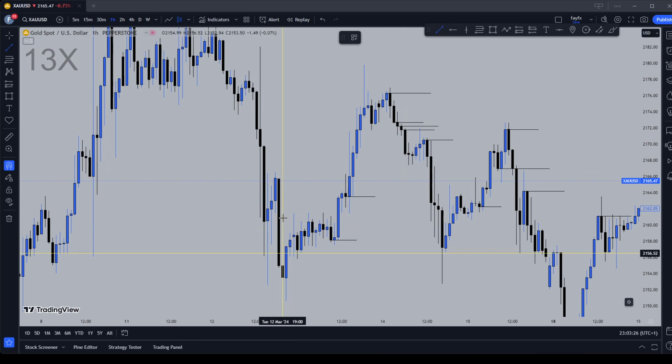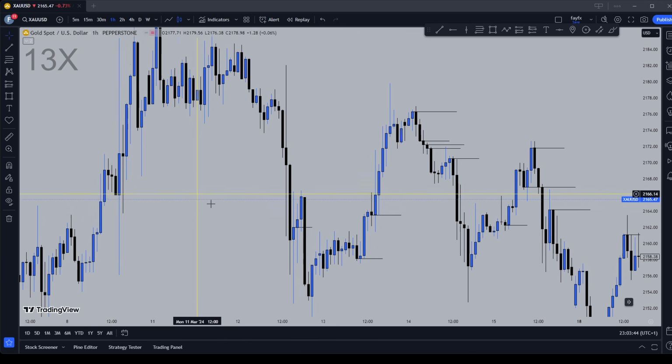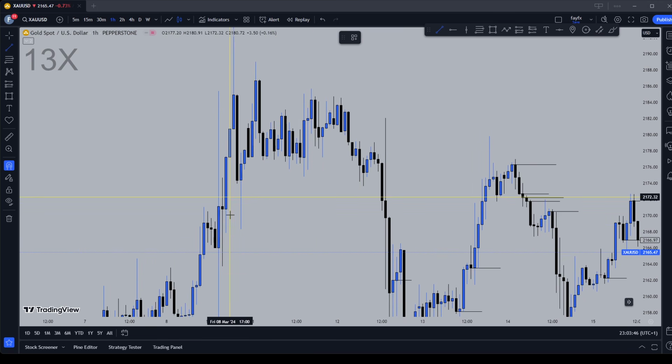Let's see a gap. Look at this gap. After the creation of this gap, this candle came down, touched that level, and went all the way up. The V level is something else.